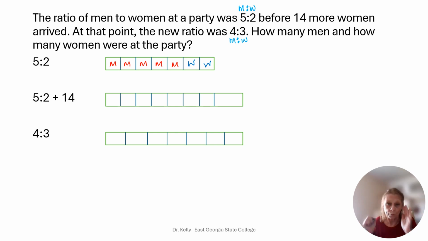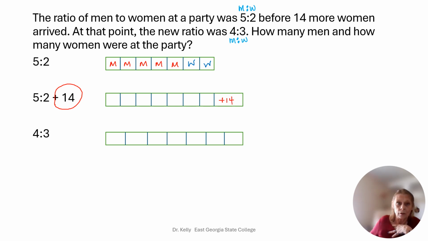Okay, so for bar graphs to really work with this idea, you have to deal with the same length here. Obviously, this one, and then we're going to increase by 14, so the length has to change here for that plus 14 women.